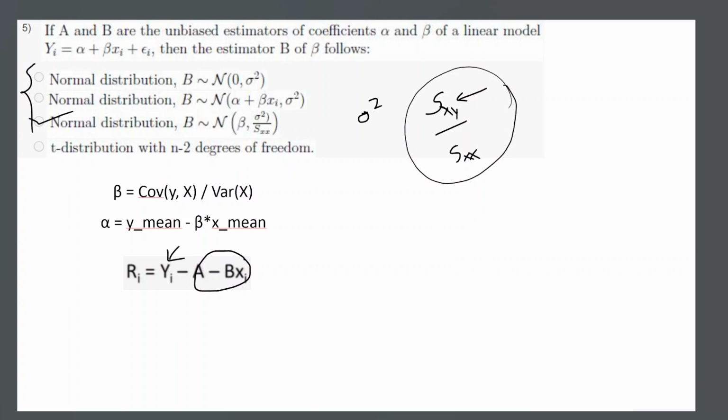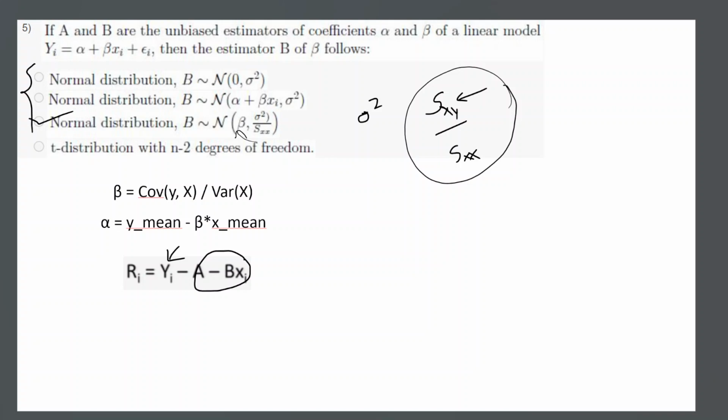They follow the normal distribution because in this case, B is an estimator which has an expected value equal to beta.